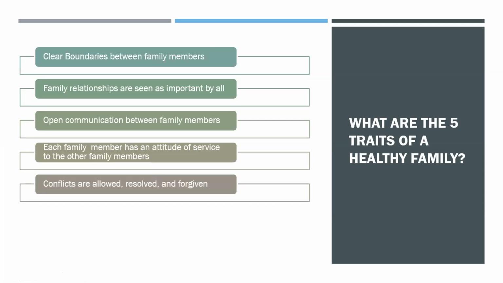Conflicts are allowed, resolved, and forgiven. I'd be interested to hear if you'd like to contribute. In terms of these 5 healthy traits of a family, are these common traits that you grew up with, or are these traits that you're striving for? Or is this the first time you've heard them all in one place?